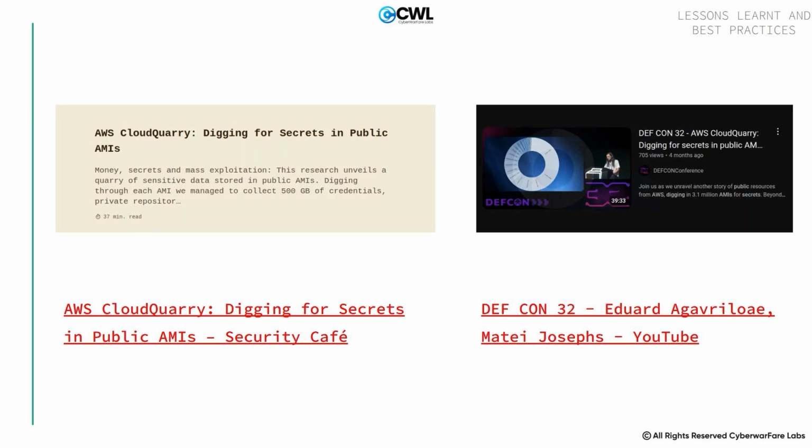What they did was mount the disk of the AMI machine into their own EC2 instance, and they automated the entire process. Since they had to go through thousands of AMIs, they had to write scripts and code to do this. A little bit of manual work was involved, but they could mostly automate it. They could just spin up the Amazon AMI machine, turn it off, and extract the data from the disk volumes.